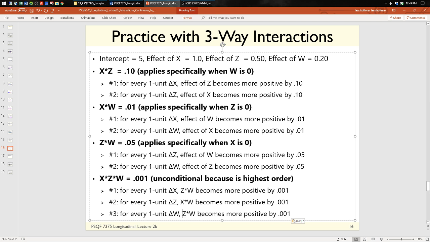Tian Pong, you're up. Since the interaction of X. There you go. That's it. And if we had a four-way interaction, it would take each of the three ways and make them more positive, less positive, more negative.